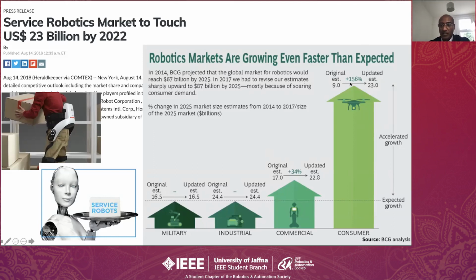Consumer robotics had to be corrected by about 156% positive. This rapid market growth is fueled by the advancements in basic technologies about AI and the physical embodiment and intelligence of robots.